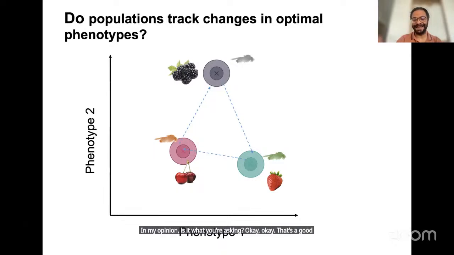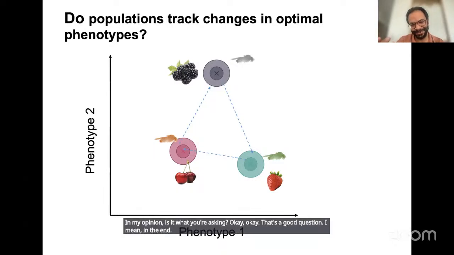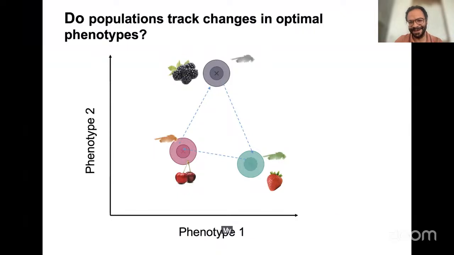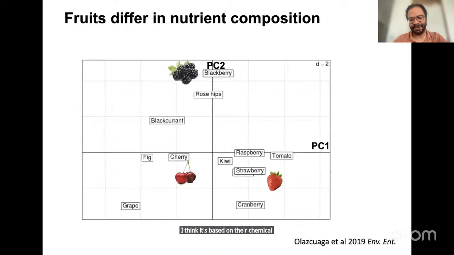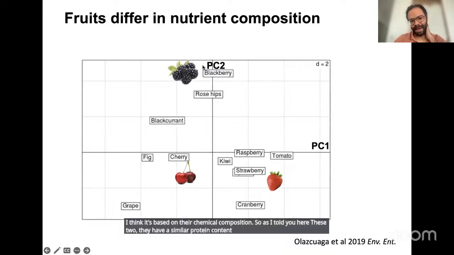In the end, that's our aim, to know this. My intuition, but it's not really scientific, is that blackberry is more different compared to cherry and strawberry. I think it's based on their chemical composition. So as I told you here, these two have a similar protein content, whereas blackberry has a higher protein content.